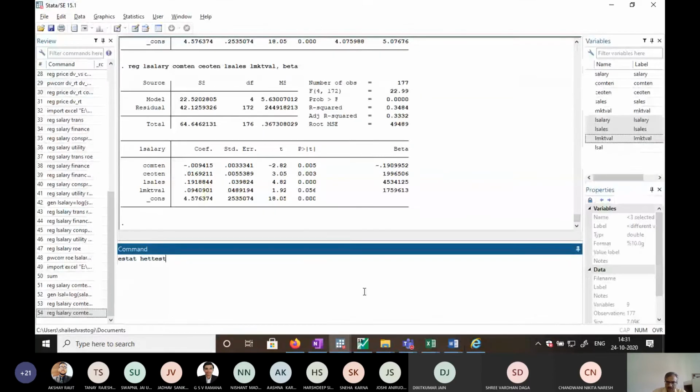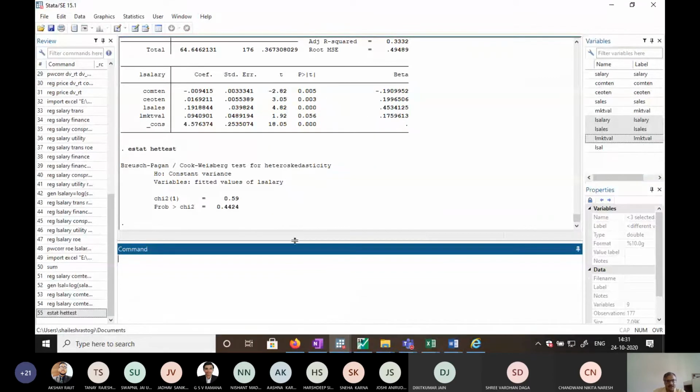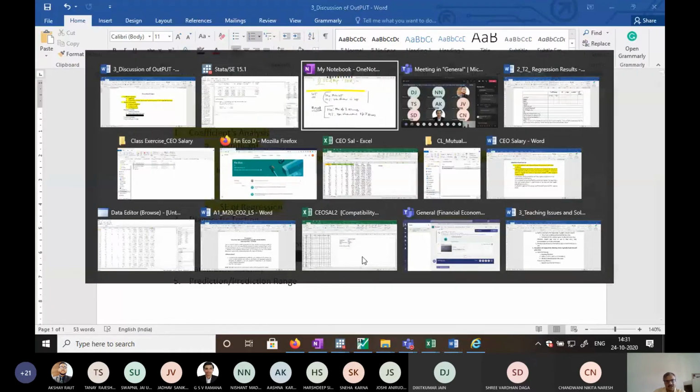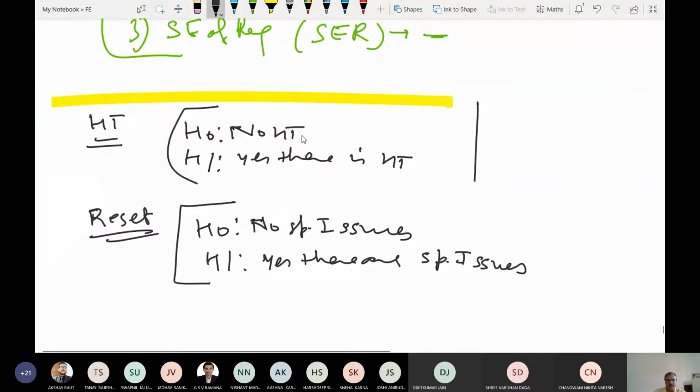First of all, I'm running it and I'm looking at the p-value. P-value is 0.4424, which is not less than 0.05. It means I cannot reject the null. What is the null in this case? No heteroscedasticity cannot be rejected. So I have to accept that my model does not have a heteroscedasticity problem.